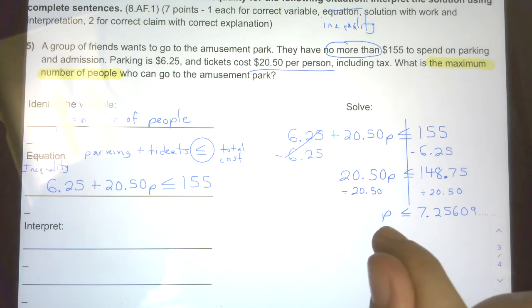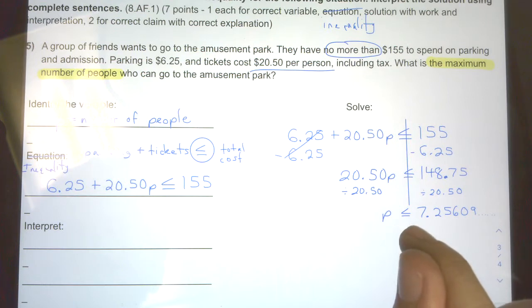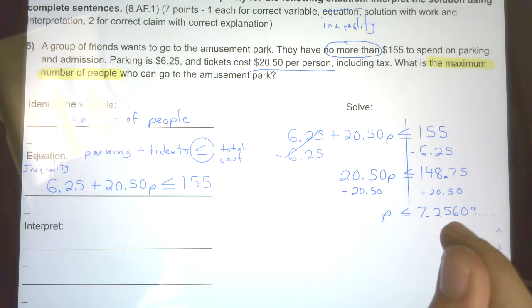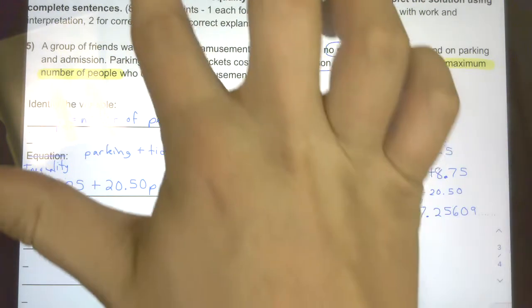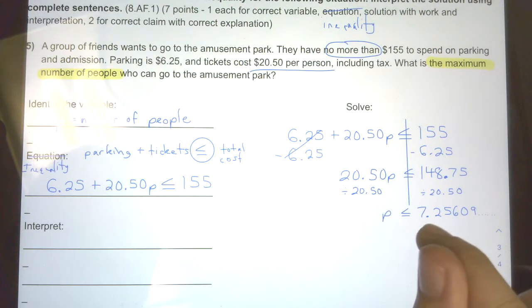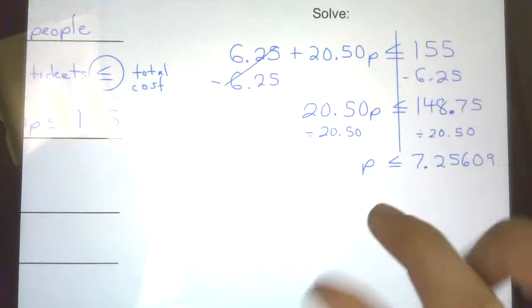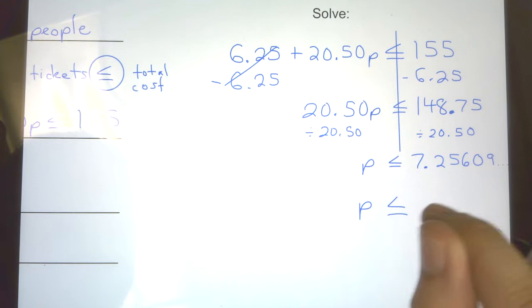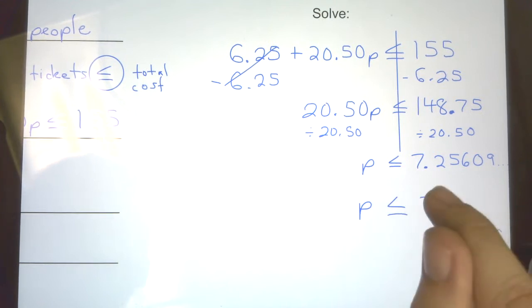So what we're saying is the people has to be less than or equal to 7.25609 people. Since we can't really have part of a person here, and I don't want to hear arguments about people missing limbs, we are going to have to round down. So I'm going to round down to say that P has to be less than or equal to 7.